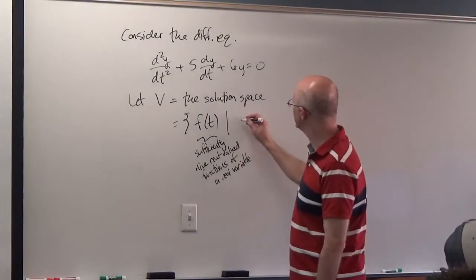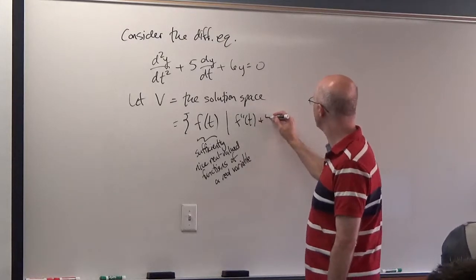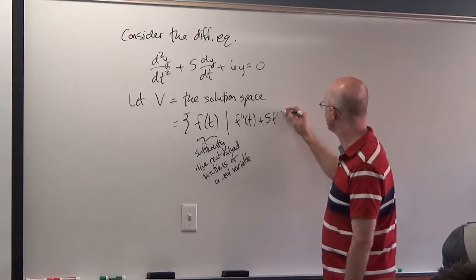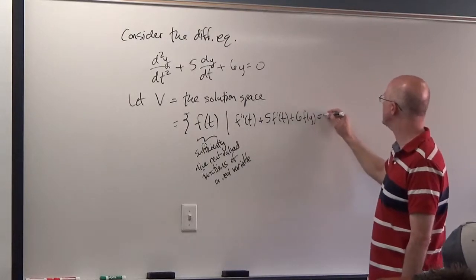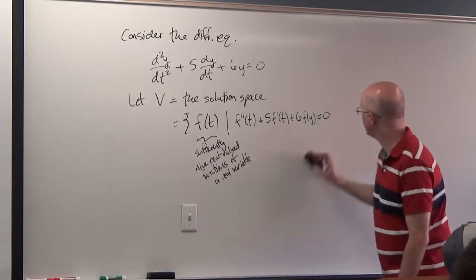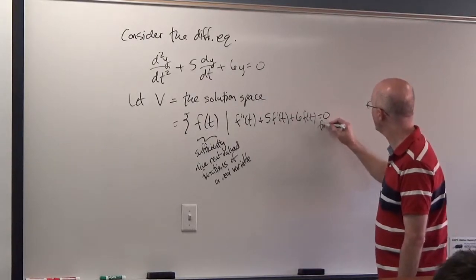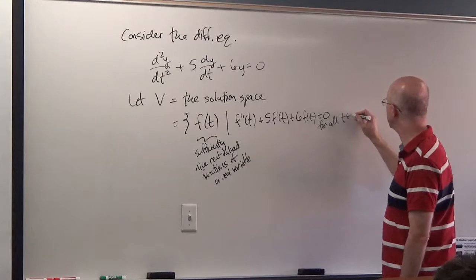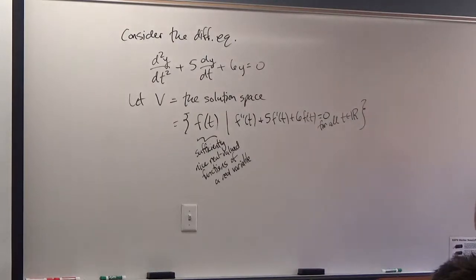Set of all such functions satisfying the property that their second derivative plus 5 times their first derivative plus 6 times the original function always equals 0 for all t. For all real t, say. That can be called the solution space. In this case, the elements are functions.